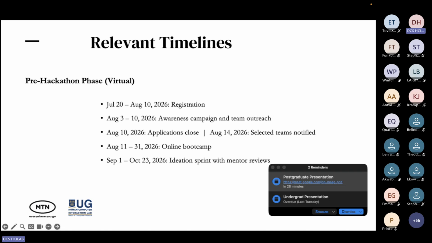Selected teams will then move into the online boot camp. Consider it to be the beginning of your mentorship session, and it is expected to run from the 11th to the 31st of August.